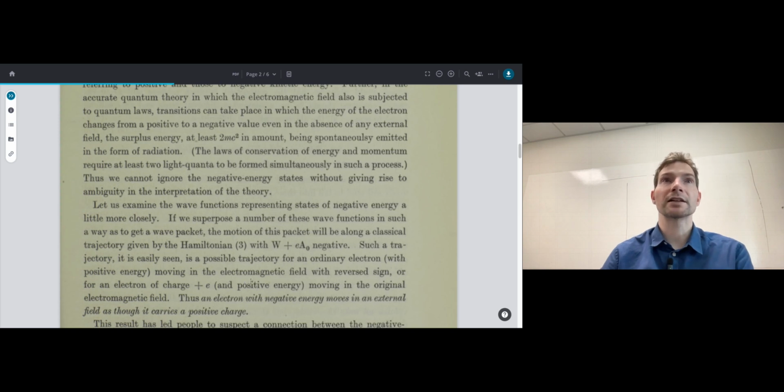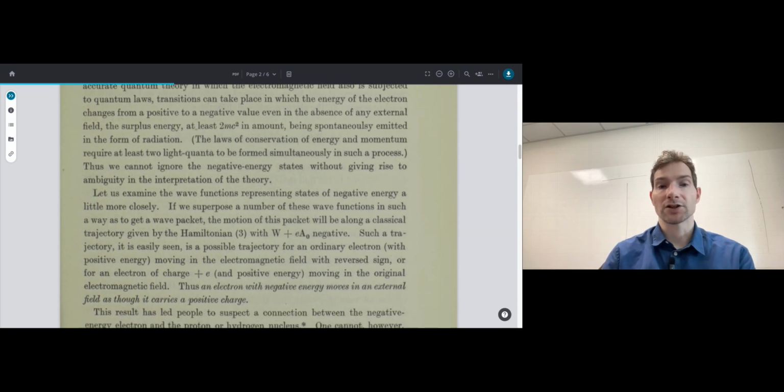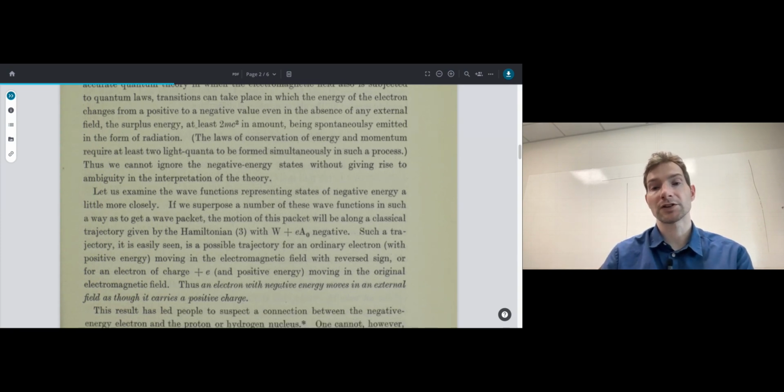So essentially, these negative energy states appear to correspond to positive energy electron states where the charge is simply reversed. Thus an electron with negative energy moves in an external field as though it carries a positive charge. So that's the idea.